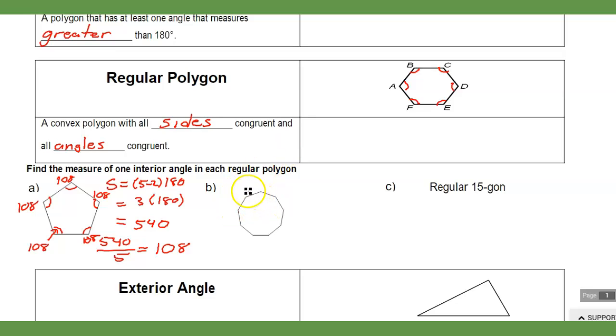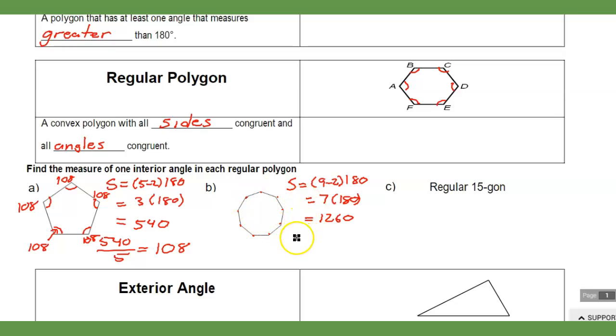Okay, so let's just practice a few more. We have a 1, 2, 3, 4, 5, 6, 7, 8, 9-sided. So I'm going to find how many degrees total first. So that's going to be 9 minus 2 times 180. 9 minus 2 is 7. So 7 times 180 will come out to be 1,260 degrees total on the interior here.